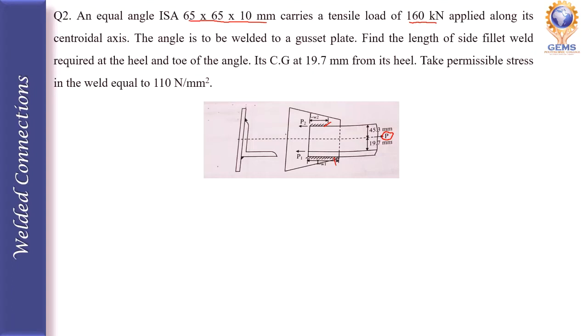Take the permissible stress in the weld equal to 110 Newton per mm square. So this is the diagram for the question. Everything is clearly given. So what is given in this question?